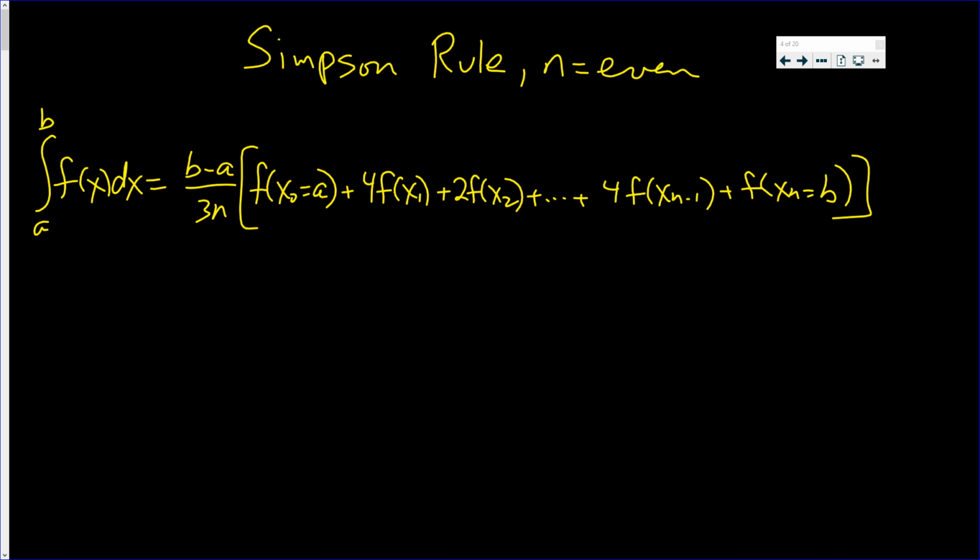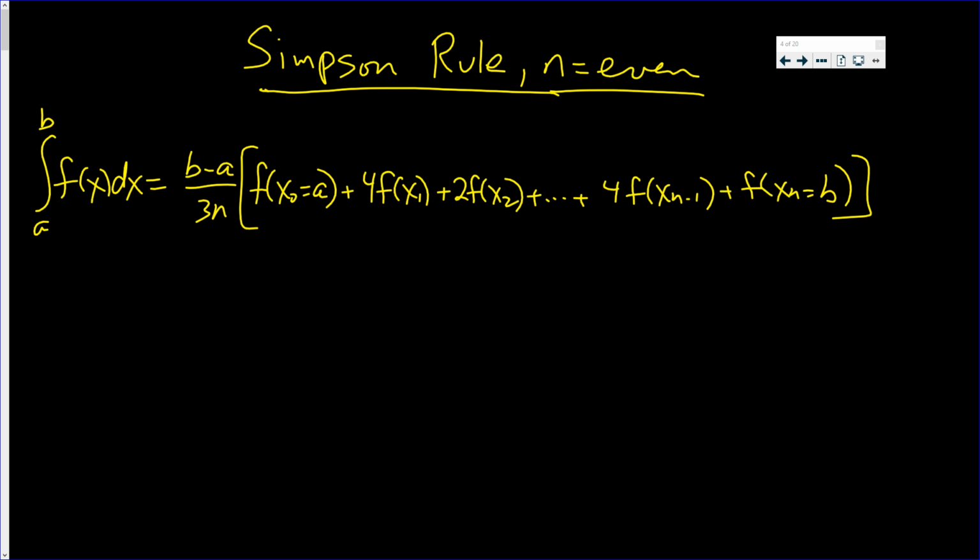We're going to solve some problems using Simpson's Rule, but only if the number of partitions, the number of rectangles, is an even amount. So I do have one typo.